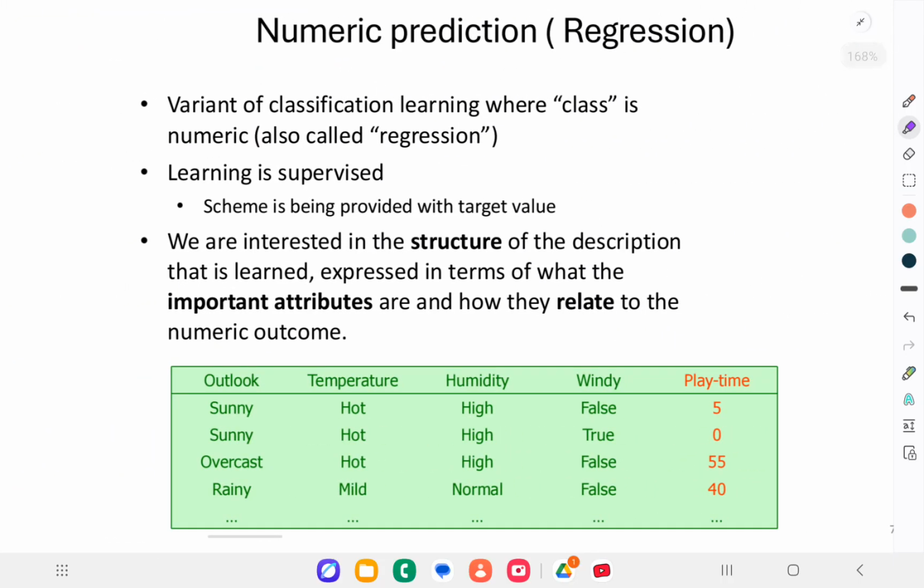So the next category of supervised learning is regression. In classification, we predicted discrete class labels, right? Like yes or no, low, medium, high, right? But in regression, our goal is to predict a numeric outcome, right? A quantity. You can think of regression as a variant of classification where instead of putting an instance into a category, we are estimating a value on a continuous scale, right?